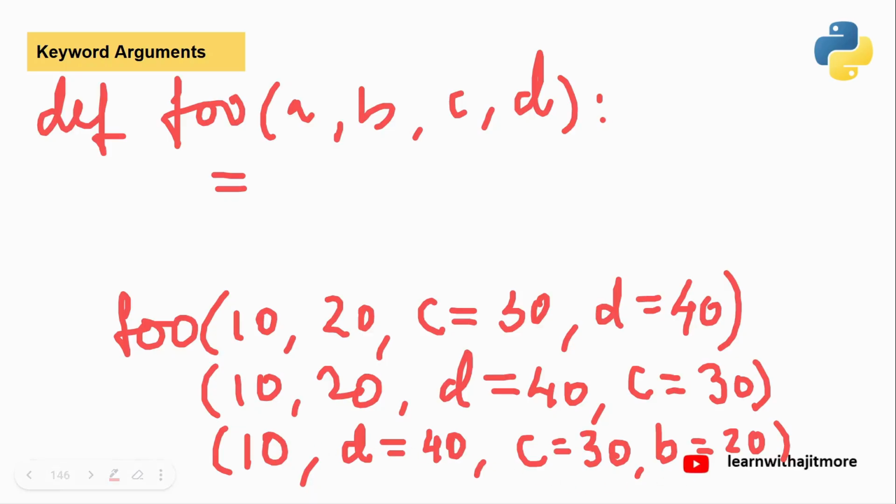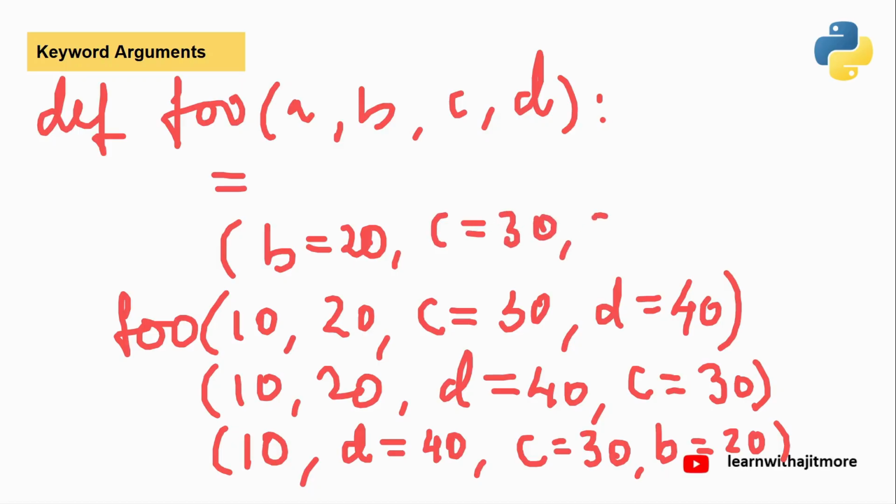So this will also generate what output? The same. And suppose I write B equal to 20, then C equal to 30, then A equal to 10 and D equal to 40. This will also give the same output.